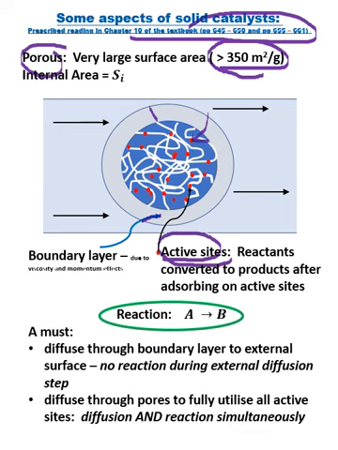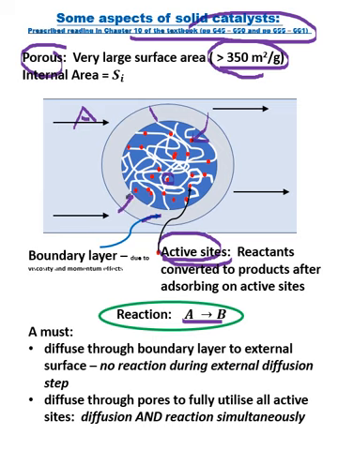So when we have a reaction that needs to be catalyzed by our active groups, and our favorite reaction where A goes to B, component A is now happily flowing in the bulk of the fluid, but in order to be converted to B, it must travel quite a bit before it can react. First, it needs to diffuse through this boundary layer.